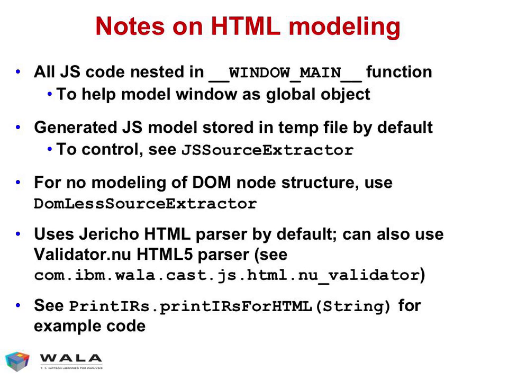Right. So some high-level points on the HTML modeling: all the JavaScript code that appears or is referenced from a particular HTML file is nested inside this window main function. Part of the reason for that is to help model the fact that the variable window is kind of aliased with the global object when you're running JavaScript code in the browser.